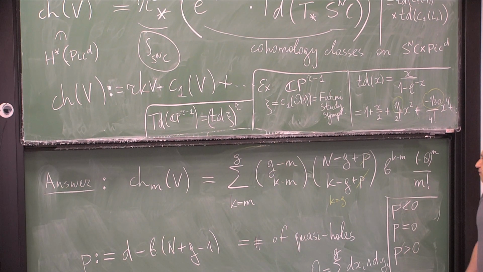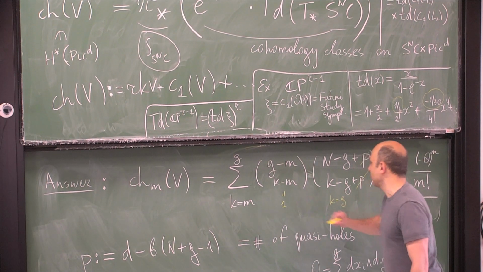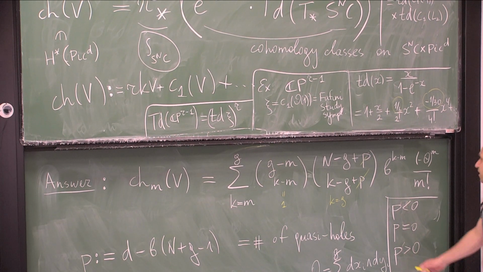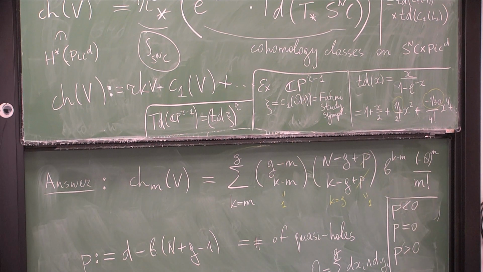And then if k is equal to g, that means this thing is equal to 1. This thing is also equal to 1. Something choose 0. So what I get is just b to the power g minus m.